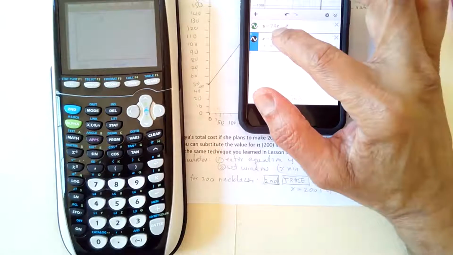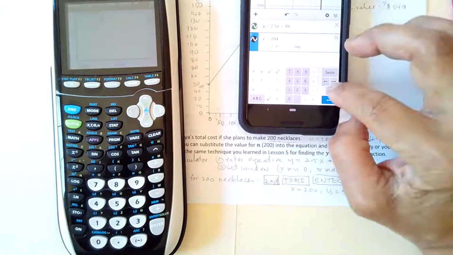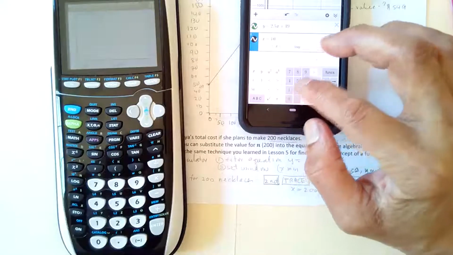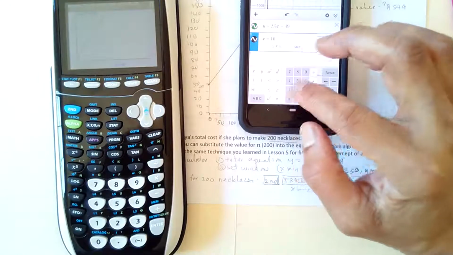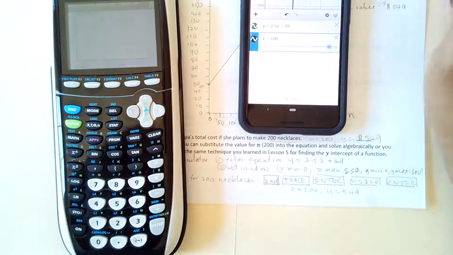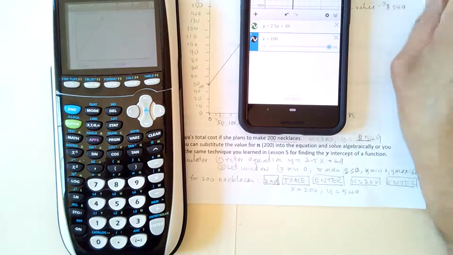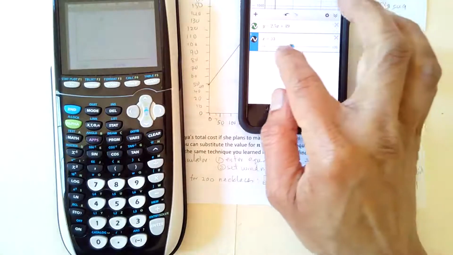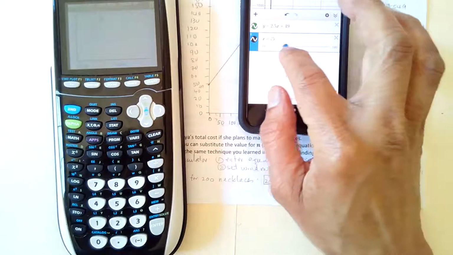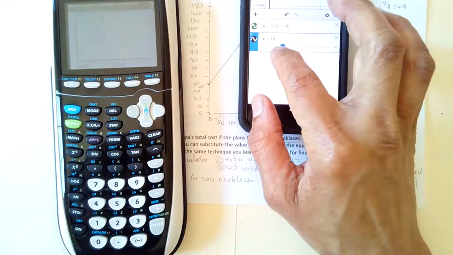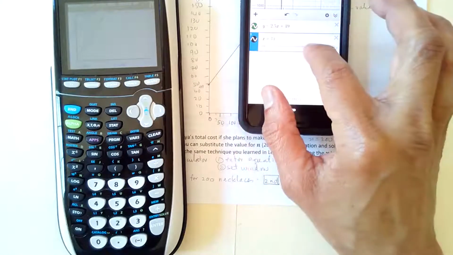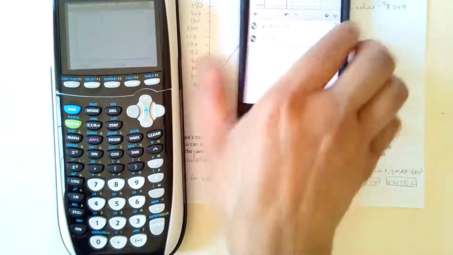If, for example, they wanted 100 necklaces, how much would it cost? It would have cost her $299, because X represents the number of necklaces. Now there's a slider here. You can actually move it around and it gives you a different cost. That's one of the features of Desmos.